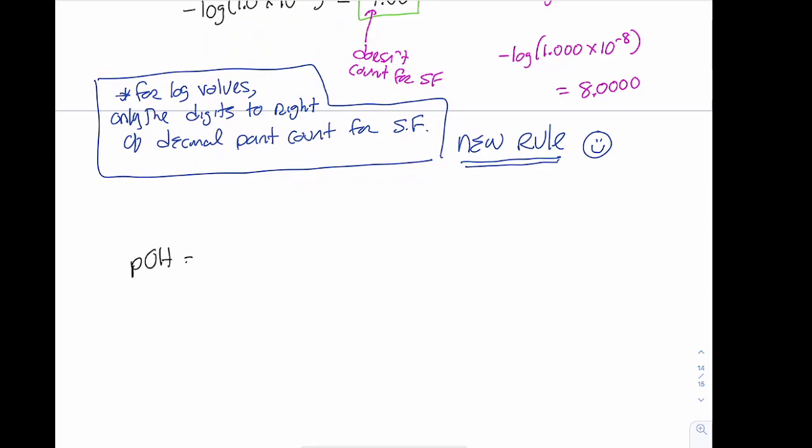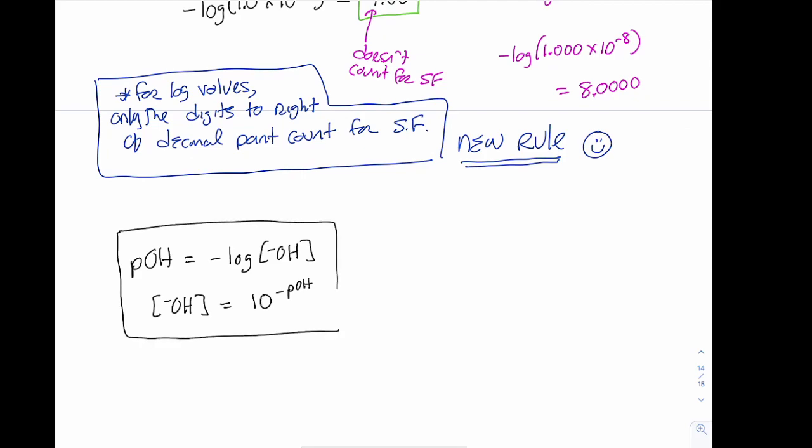The pOH is similar to pH, but instead of the negative log of hydronium ion concentration, it's the negative log of our hydroxide ion concentration. If I knew my pOH and I wanted to calculate hydroxide ion concentration, it's 10 to the negative pOH. And then again, because it's the negative log, the larger your hydroxide ion concentration is, the lower your pOH. So another equation for us.